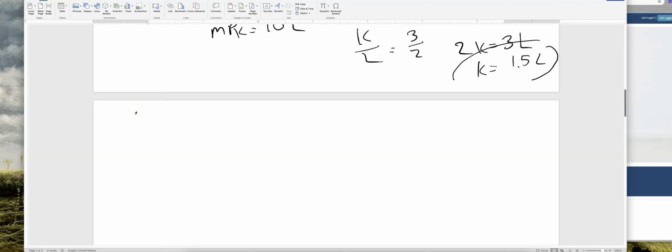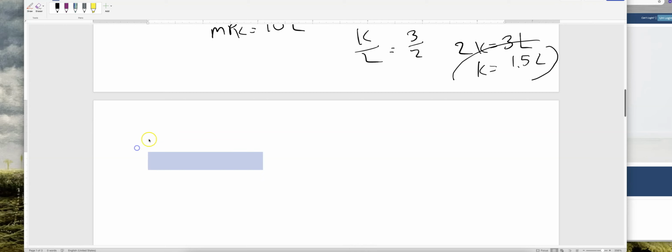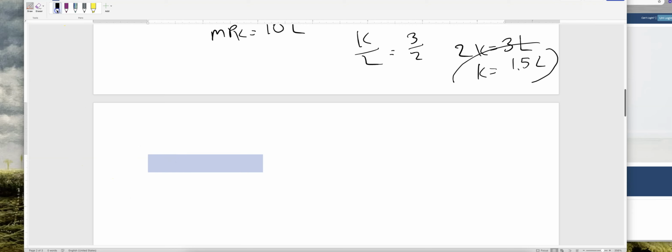Okay, I think I'm getting the hang of this. So now what I need to do, sorry, I don't know how to get rid of that blue box.